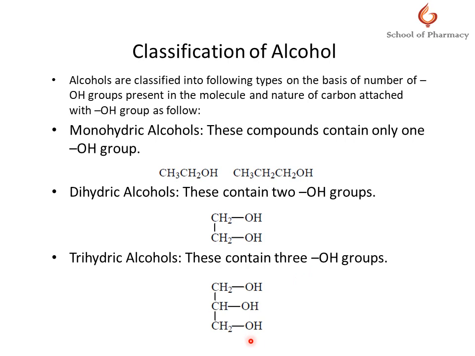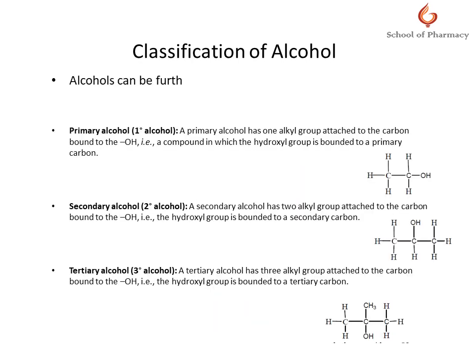Now there is one more classification, which is primary, secondary and tertiary. We know what a primary carbon is: a carbon which is attached to one carbon is known as the primary carbon, when it is the carbon on which the functional group is present.